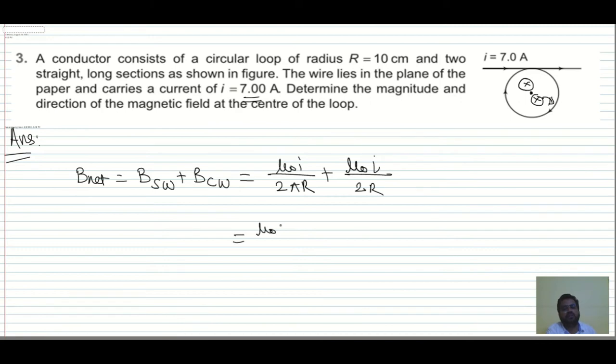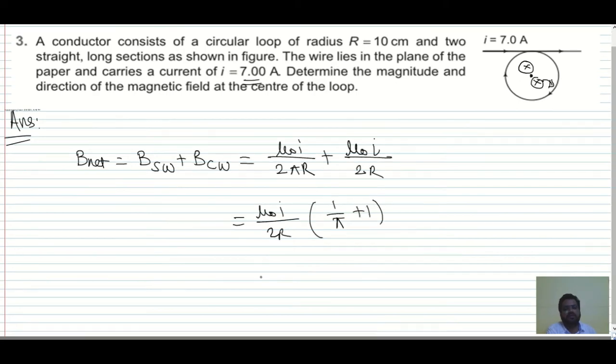Take mu naught I divided by 2r common. So you will get 1 by pi plus 1, and if you just calculate the value, you will get 4 pi into 10 to the power minus 7 as mu naught, I we have is 7, divided by 2 into, what is r over here? R is 10 centimeter as in 0.1, into pi plus 1 divided by pi.